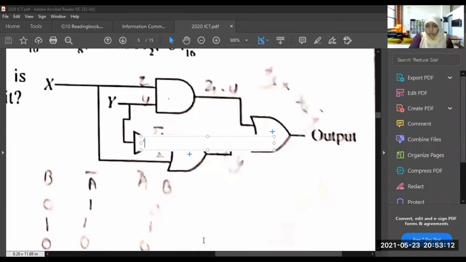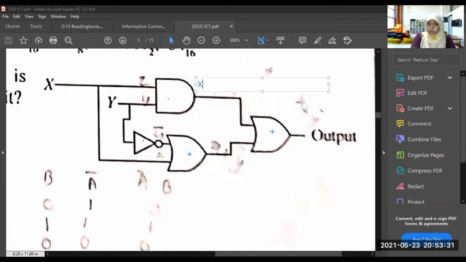You can write it like this, or you can put a bar above the input. So here X is going, it goes inside the AND gate, so dot. Then Y is coming, so it is X and Y. Clear?